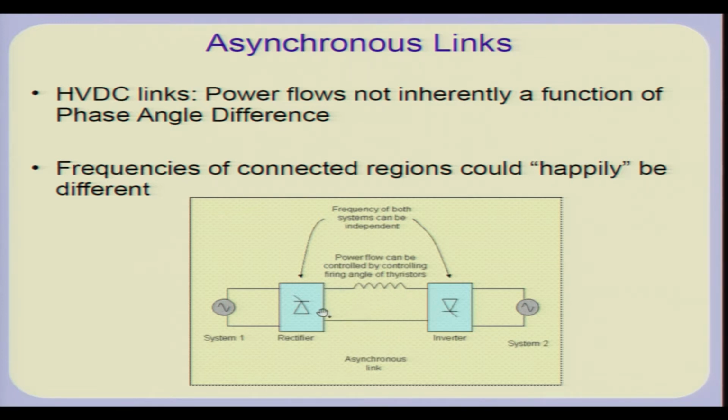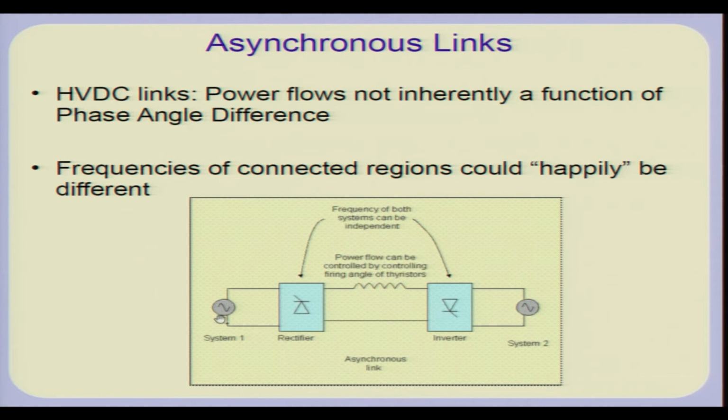Well, it depends on the voltage difference between this side and this side. Depending on the voltage difference, the current will flow, and the DC current will be dependent on the voltage difference at the two ends of the HVDC link and the resistance of the line or reactor which is there. This flow is dependent on the voltage, and the voltage in fact can be controlled by controlling the firing angle of these converters.